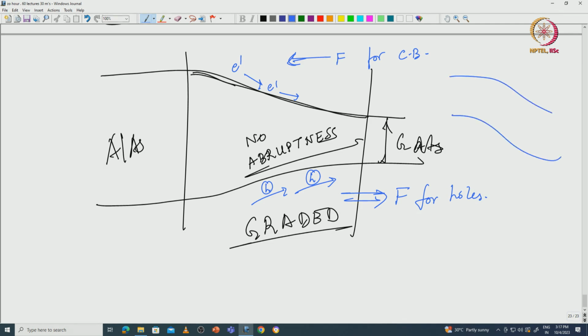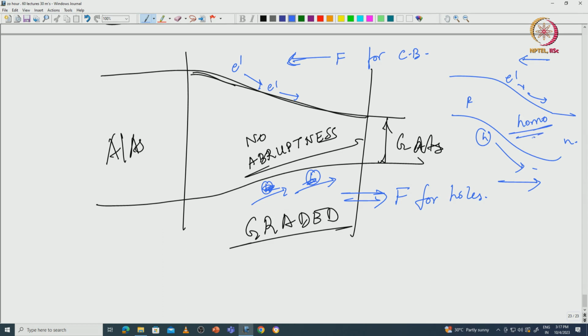If I have an electron that goes downhill like that, then the electric field is in this direction. For the hole, this is your p type semiconductor, this is your n type semiconductor, so the hole will actually roll downhill. So the electric field is in this direction, the opposite direction, in a normal homojunction.